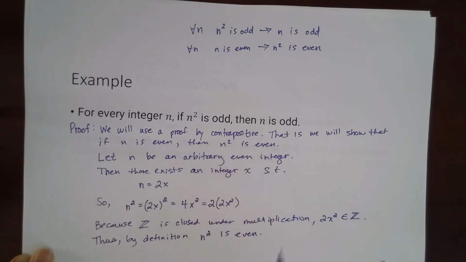I've shown that n squared is even. There it is. So I know I'm done. So it feels like a direct proof, right? It's not that much different. It's just that we proved the contrapositive instead of the original statement. So my claim is that if you can write a direct proof, you can write a proof by contrapositive, because really they're very similar.